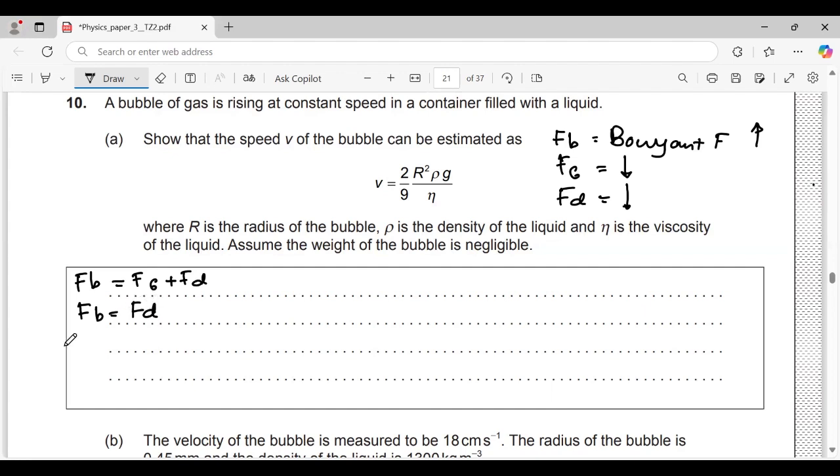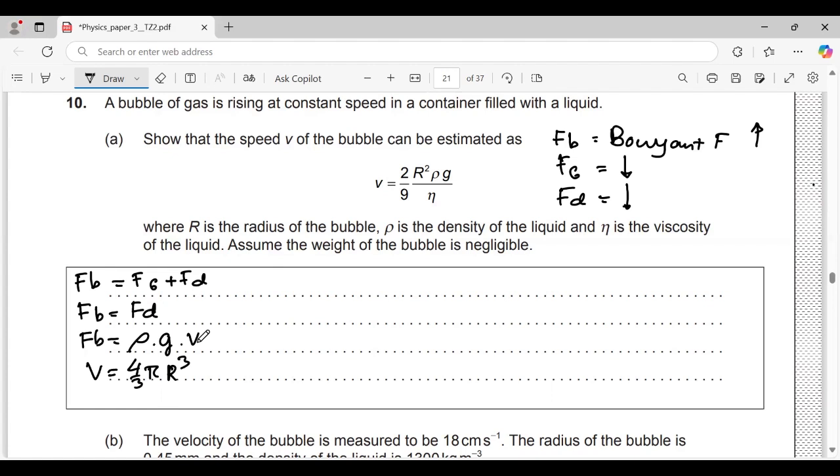Now, we can determine the buoyant force through Archimedes' principle: buoyant force equals rho times g times V. Right. Rho is density, g is gravitational acceleration, V is volume. For a spherical bubble, the volume is 4/3 pi r cubed.